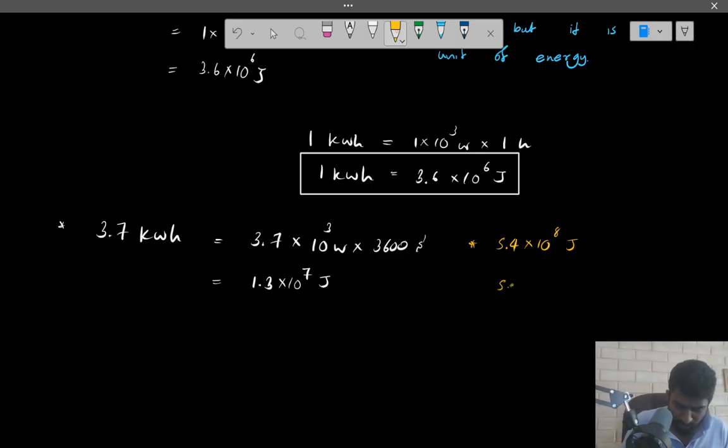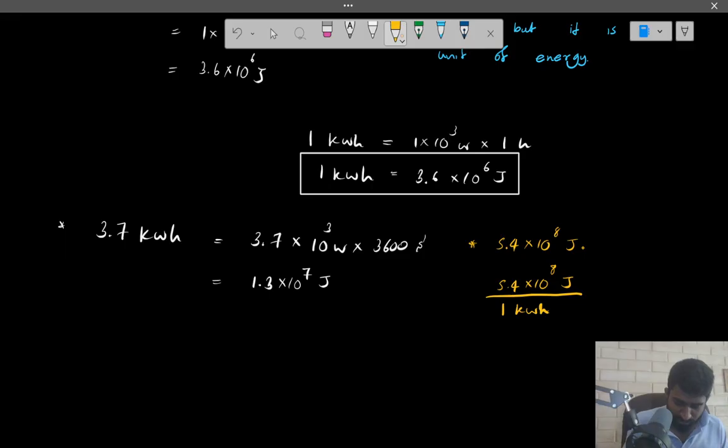You get the 5.4 times 10 to the power 8 joules, right? And you know, for 1 kilowatt hour, it is 3.6 times 10 to the power 6 joules. Or if you do not want to memorize it, you can write 1 kilowatt hour, you just divide it by 1 kilowatt hour, if you want to see how many kilowatt hours are in this number.